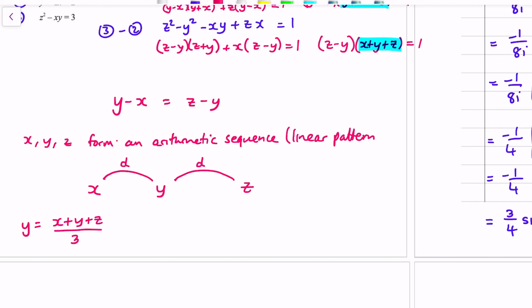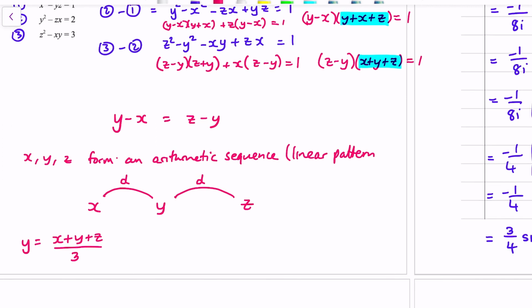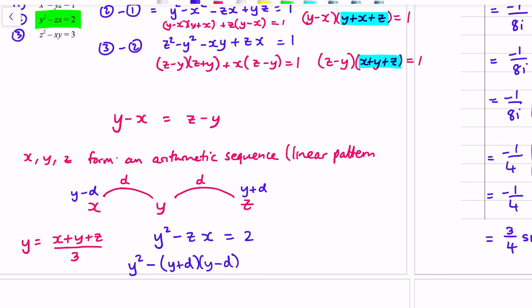And if we pick any of the equations, I choose equation 2 to be consistent with the mark schedule. Equation 2 is y squared minus zx equals 2. But z is just y plus some difference d, and x is y minus some difference d. So we've got y squared, take away y plus d, y minus d.